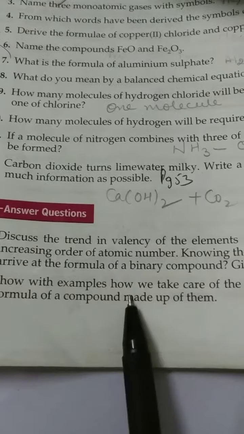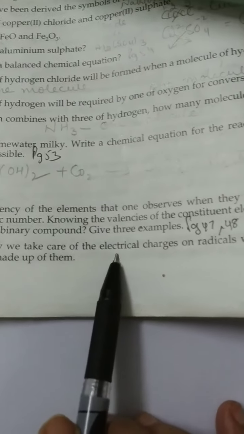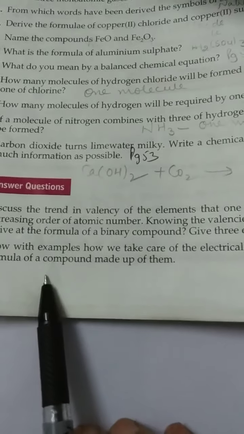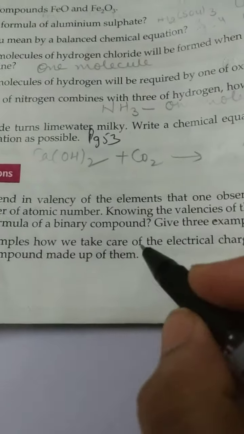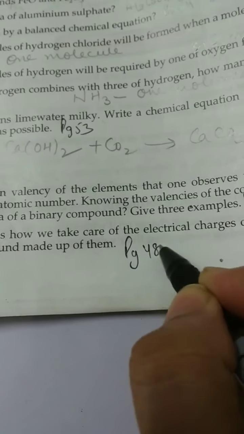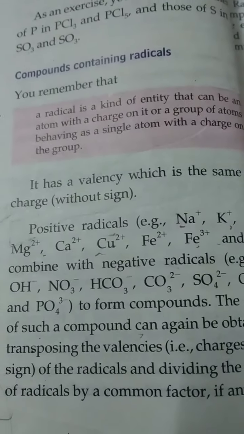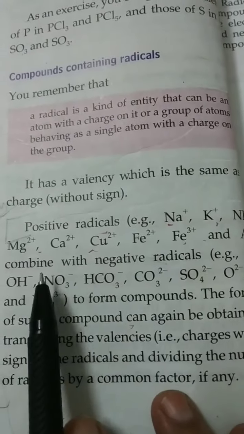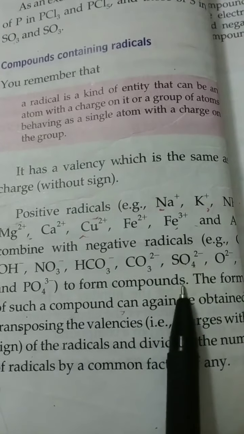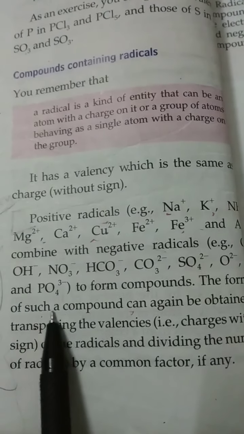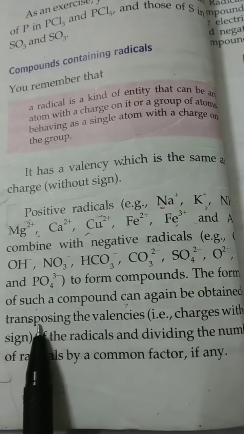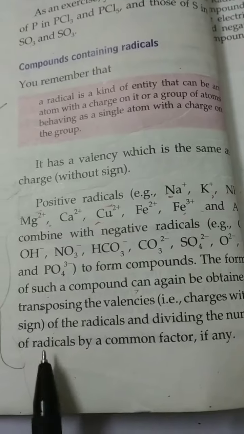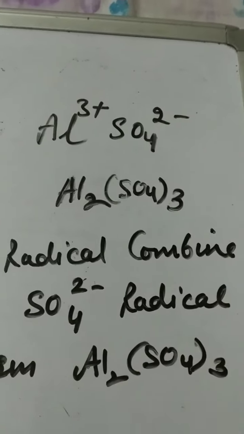Second, show with examples how we take care of electrical charges on radicals while finding out the formula of a compound made up of them. See page number 48 and 49. Page number 48, positive radicals combine with negative radicals to form compounds. The formula of such a compound can be obtained by transposing the valencies of radicals and dividing the number of radicals by a common factor.